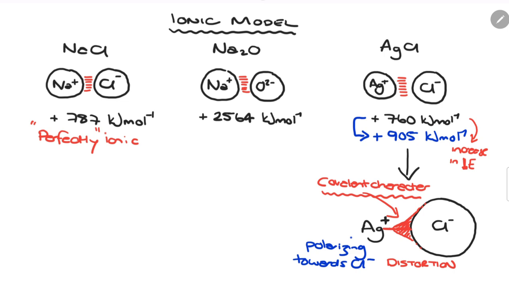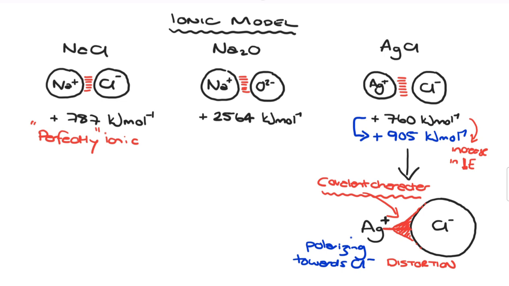And so you get this tendency towards covalent character when either the metal ion, the positive ion, is small, or if the metal ion has a multiple charge. So if we were looking at aluminium, which is an Al3+, we would see a larger increase in the amount of covalent character in aluminium's ionic compounds.